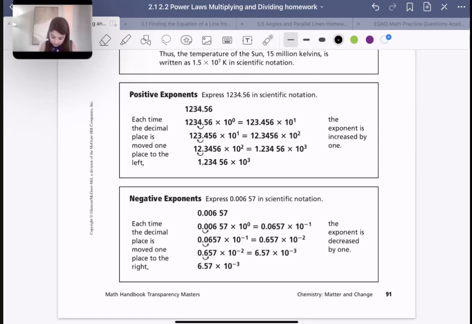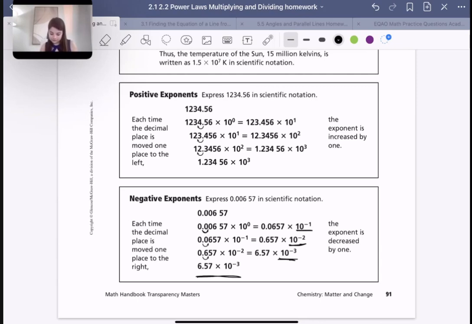And so here they moved it over once and they said, okay, we're going to multiply by 10 to the power of negative 1 now. Then they move it over again and they do 10 to the negative 2. Then they move it over again and get 10 to the negative 3. And then there's their final answer. And they know they've moved it far enough because now there's only one non-zero digit to the left of the decimal.